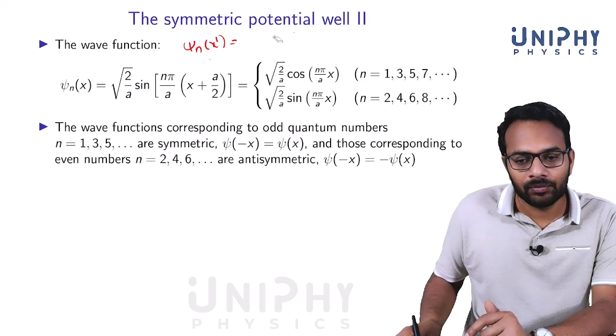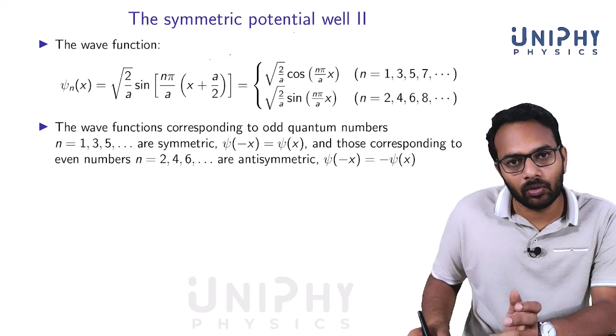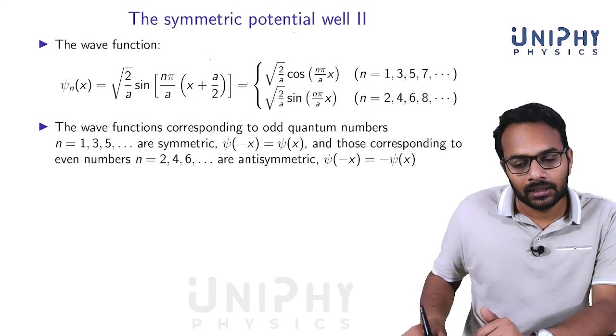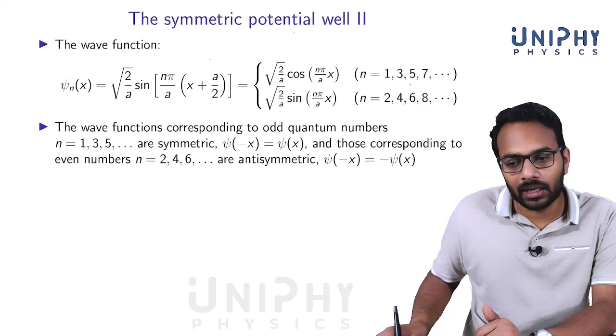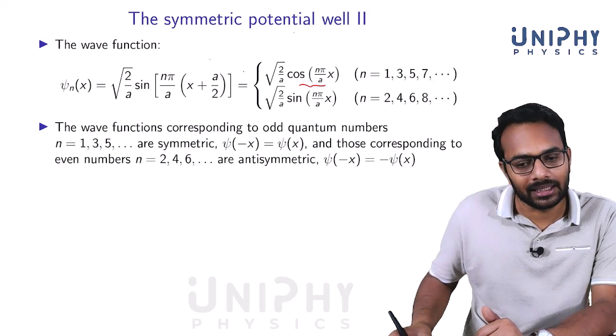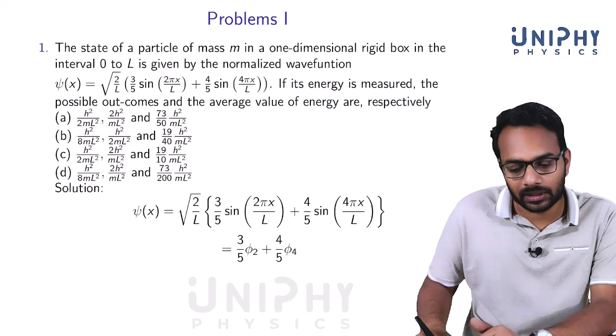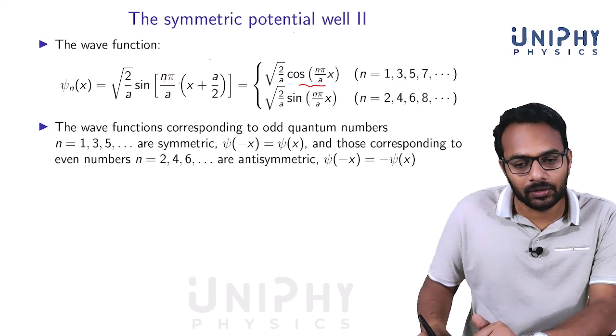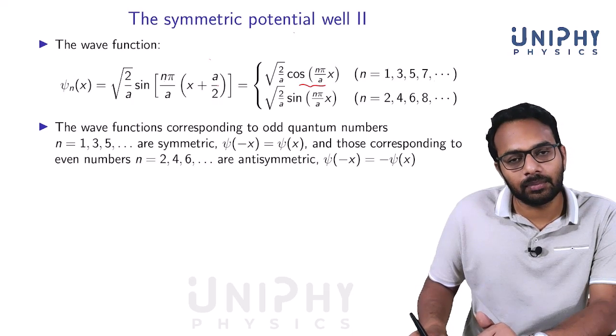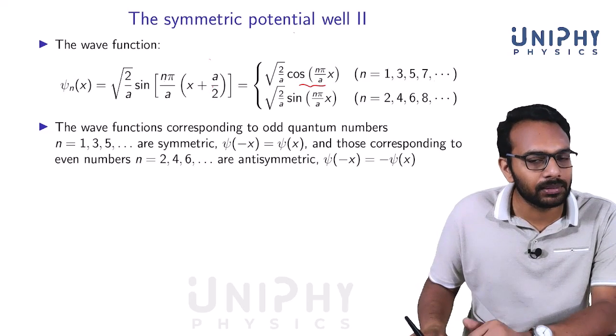As we saw, the energy eigenfunctions are either odd or even functions. It's easy to see. If you put n equal to 1, 3, 5, 7, etc., you get square root of 2 by a cos(n pi x by a). What happens if you put n equal to 1, for example? It becomes sin(pi x by a plus pi by 2), and what is sin of x plus pi by 2? It's cos.